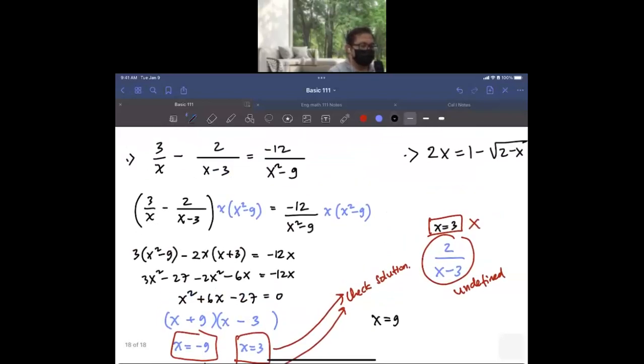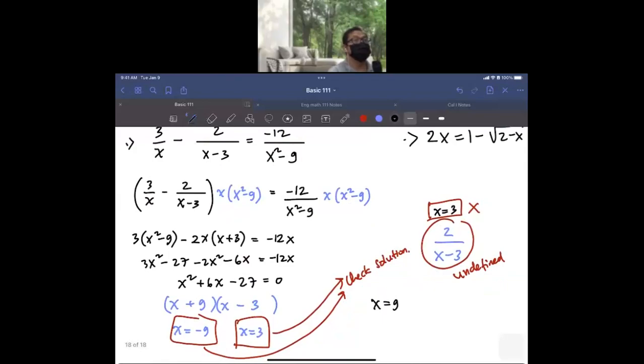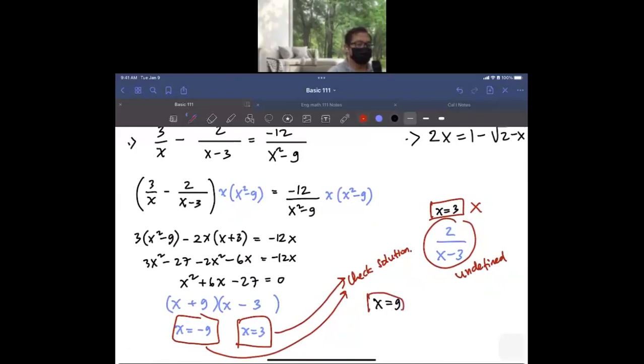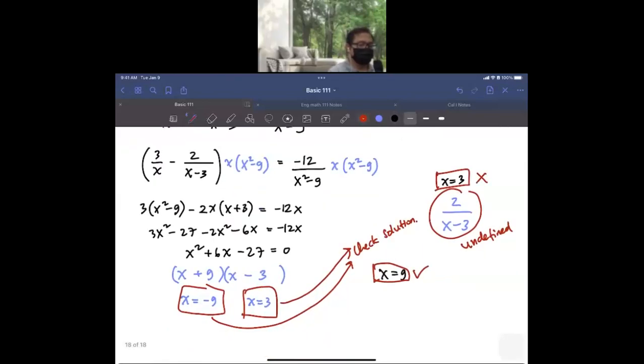But when we check x equal 9, I think not a problem at all. We can accept the solution. Okay? So we say that this is our solution. Solution is only x equal 9. Or negative 9, sorry. Negative 9.